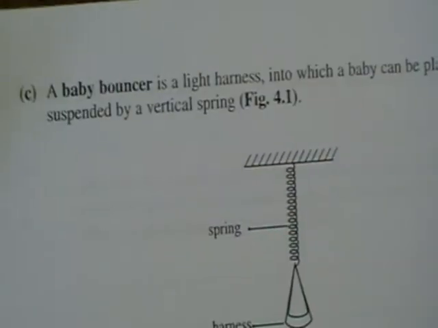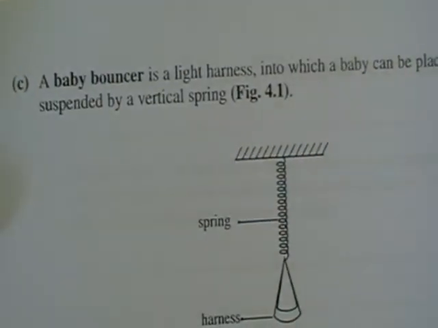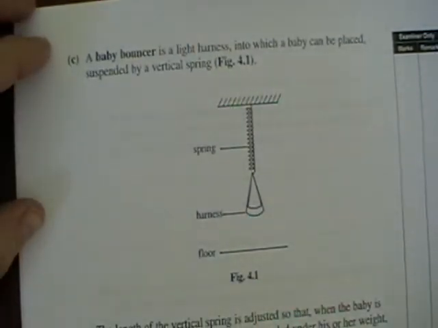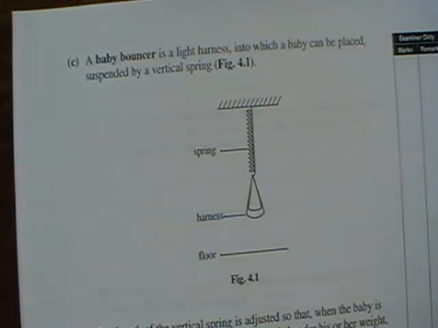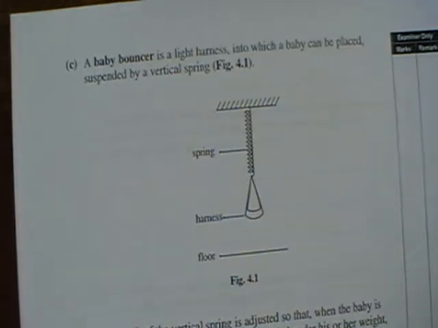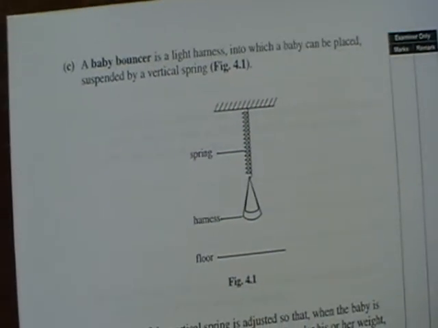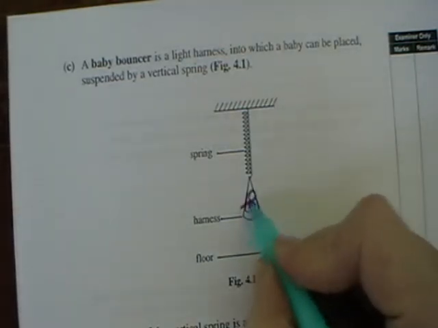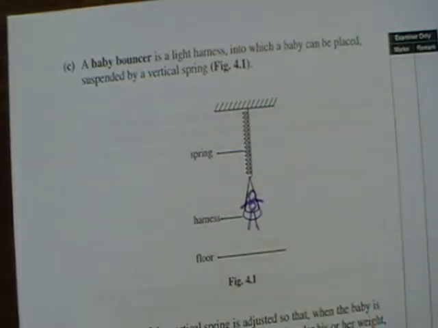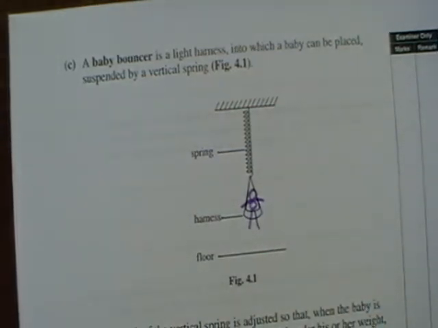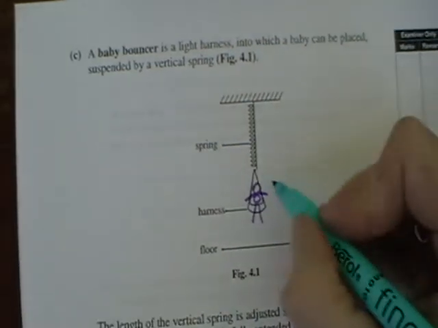Part C. A baby bouncer is a light harness into which a baby can be placed, suspended by a vertical spring. So you put the baby in here. The length of the vertical spring is adjusted so that when the baby is in the harness and the spring is fully extended under his or her weight, the baby's feet are a few centimetres from the floor. So if I just draw the baby's feet there. An adult starts vertical oscillations by pulling the baby down in the harness and releasing the baby. The baby can amuse him or herself and take exercise by kicking the floor to continue the oscillations.